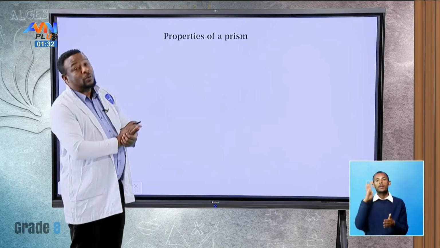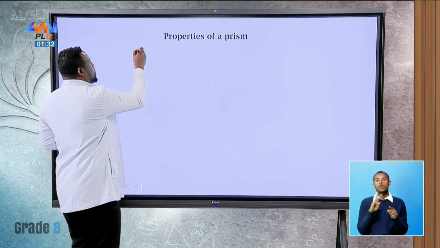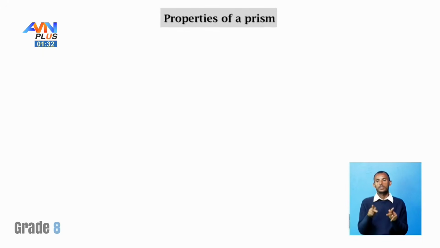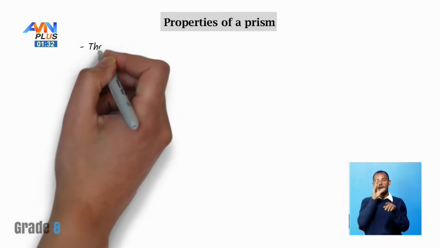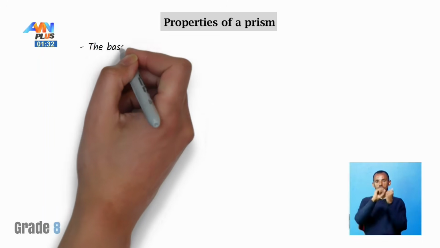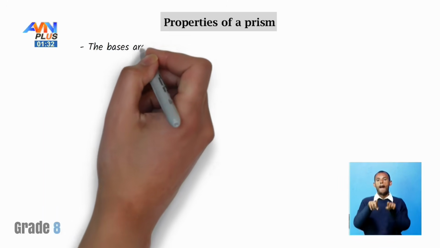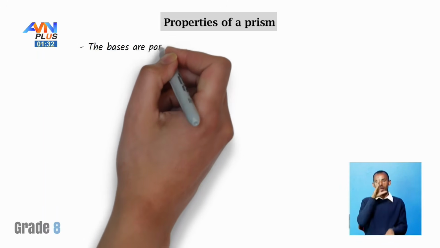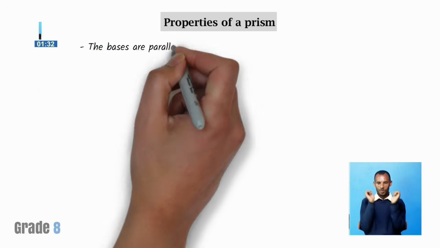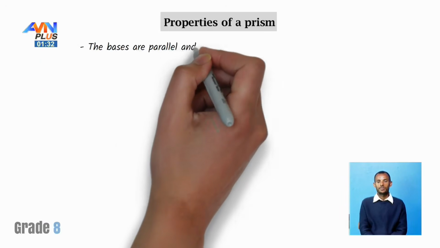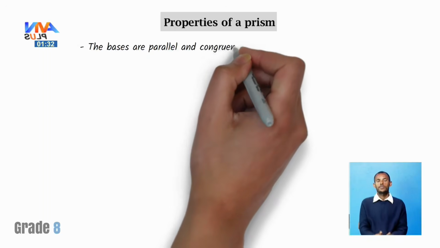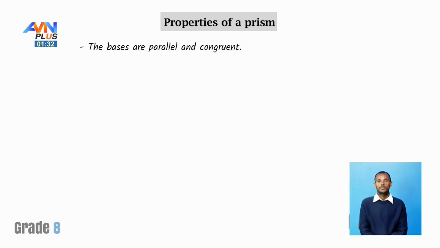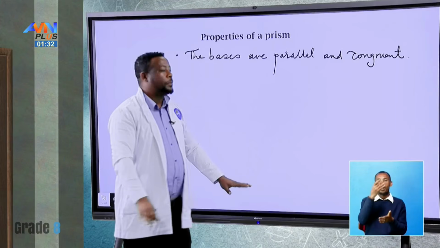So whenever we think of a prism, one of the properties of a prism is that the bases are parallel and congruent. This is one of the properties of a prism.